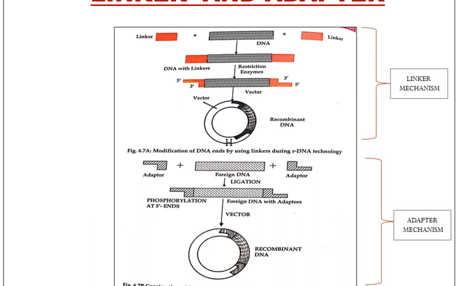Then the linkers get attached to the DNA, and with the help of a restriction enzyme, two nicks or fragment ends are formed, one at the 5 prime 3 prime end and another at the 3 prime 5 prime end. When we insert this into a vector, you can see how the recombinant DNA looks, with the restriction enzyme and the DNA with linkers inside the vector.